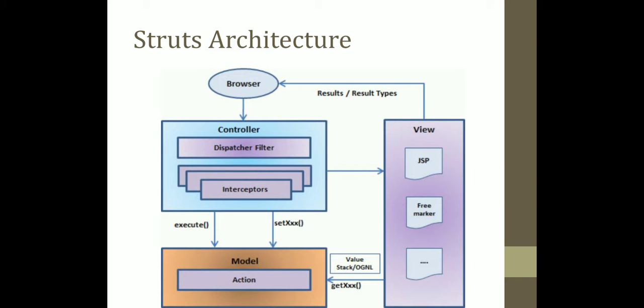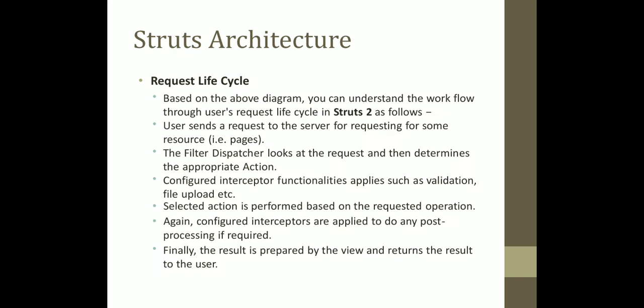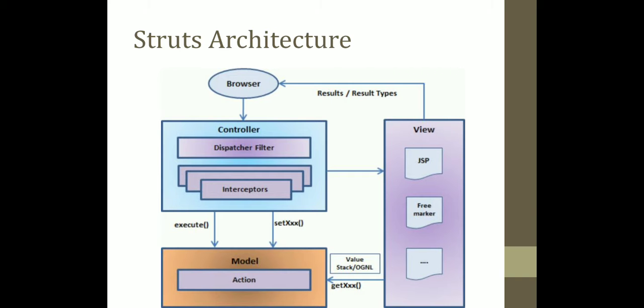So this is the Struts architecture. You can see there is a browser part, model part, view part, and controller part. Now in the Struts architecture there is a request life cycle, and we'll get the idea about this request cycle from this diagram.